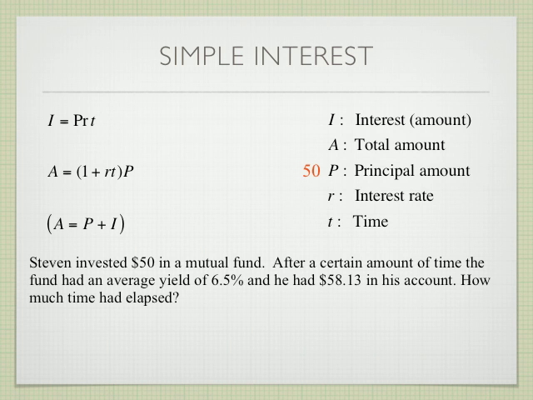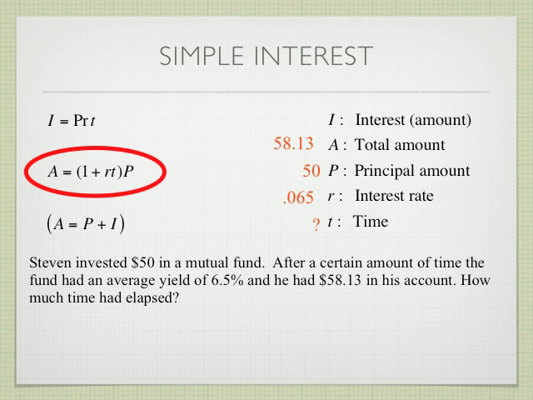After a certain amount of time, we don't know, he had an average yield of 6.5%. Now, it doesn't say interest, but since the R is the only thing that could possibly be a percentage, we're going to put 0.065 there. He had $58.13 in his account. That's the amount of money at the end of the story, so that's my A.